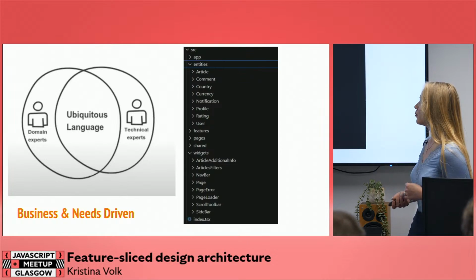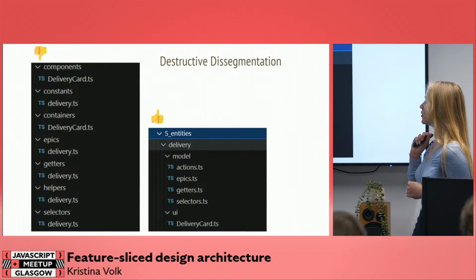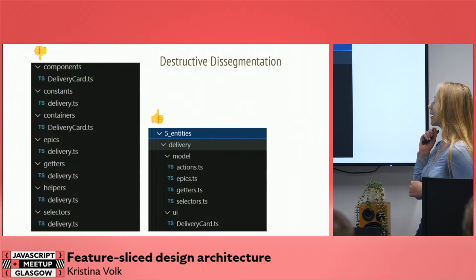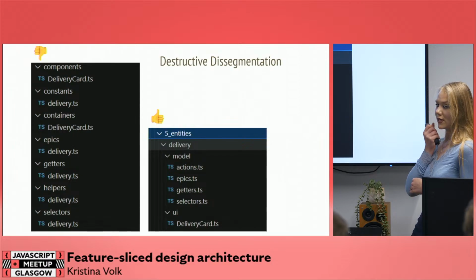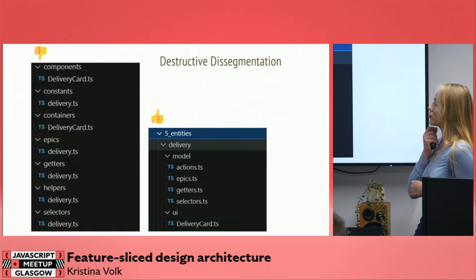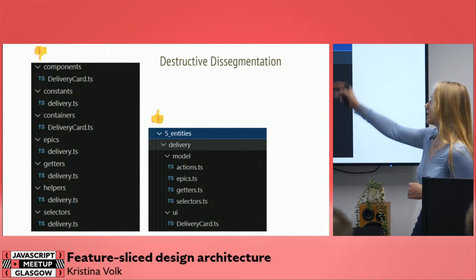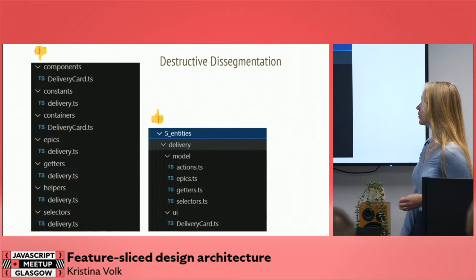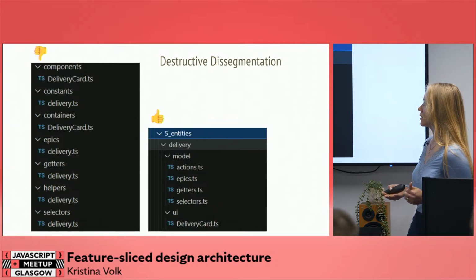If we take an example of a legacy project and try to see how it can evolve, how we migrate from legacy projects to something more meaningful: usually we see this picture on the left, and we notice that our code is scattered.